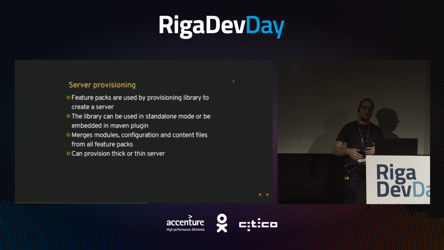So from the description of the code, it gathers all jars that are described in feature packs and assembles the server from them. The feature pack does not contain only code, it contains also configuration and scripts. All this stuff is gathered together and the server is created. This is the provisioning tool, and the result is a server distribution.